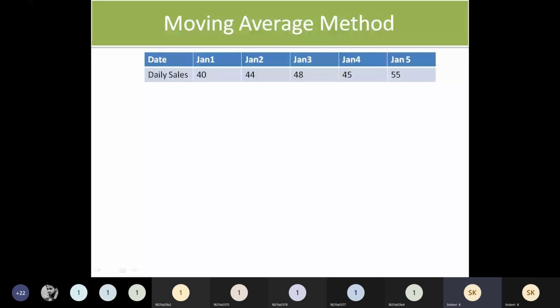Here it is only 5 days of daily data. Not only daily, you can also take years. Here 3 days are given, so I am doing a 3 days moving average.